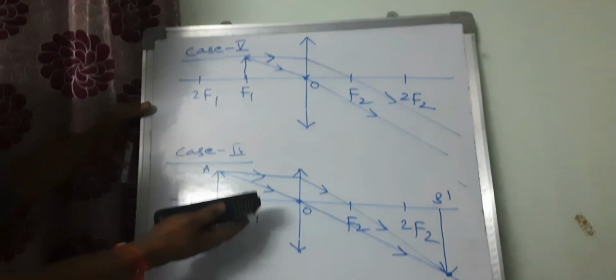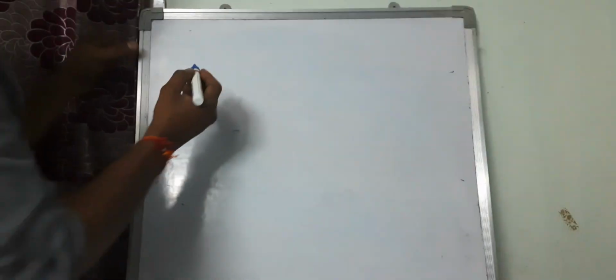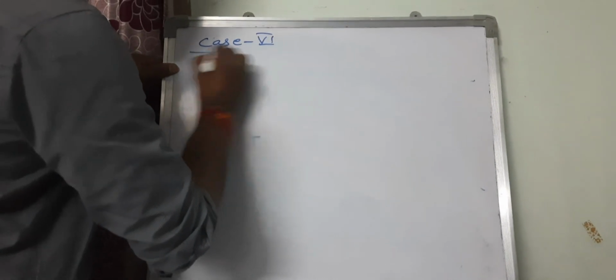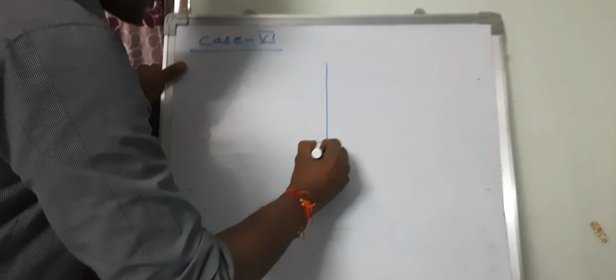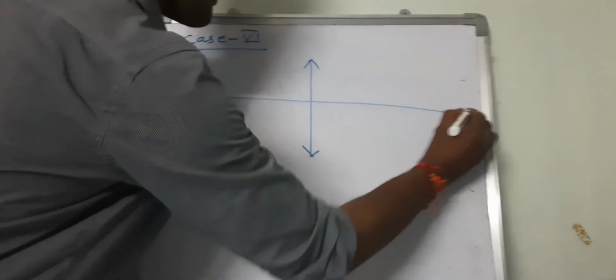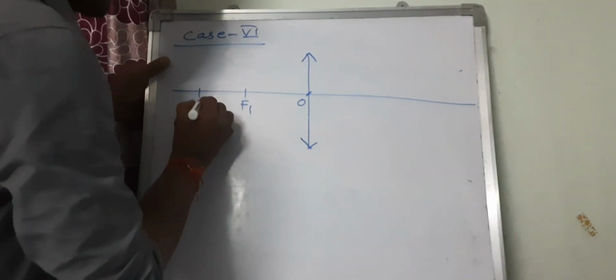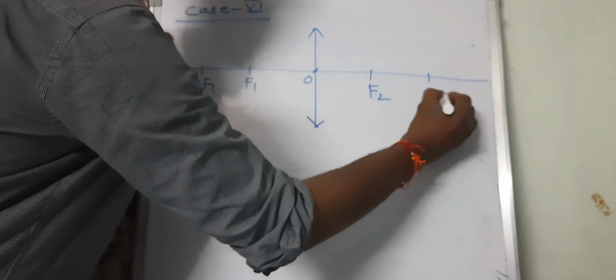Now last case, case 6. This is a virtual case of the convex lens. Case 6: when the object is placed between the optical center and one of the foci. This is the thin convex lens. Principal axis, optical center, f1 to f1, f2 to f2.